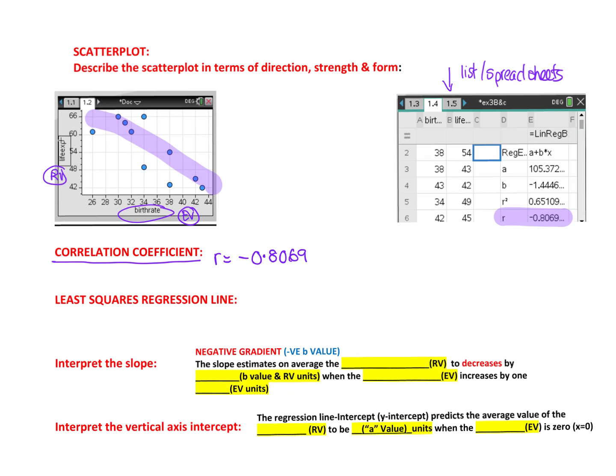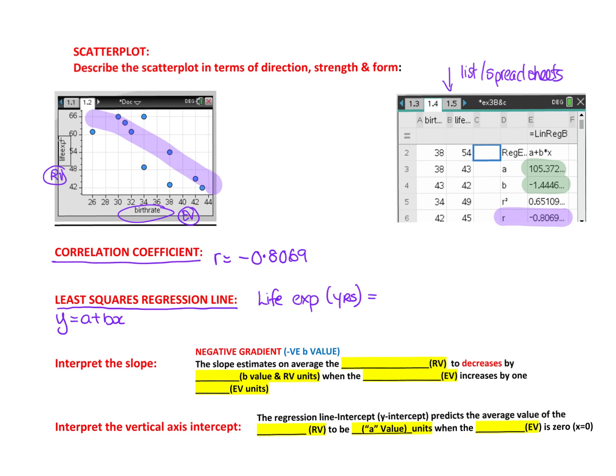And now the next thing we need to do is get the least squares regression line. So that's when we must use the variable names. The least squares regression line is actually y equals a plus bx, but we don't want to use y and x anymore. We want to use our variable names. So I'll say life expectancy, and I might put the units in brackets, which was years, equals. Now I'm going to do the a value first, and here's our a value. And I'm going to go to 3 significant figures.